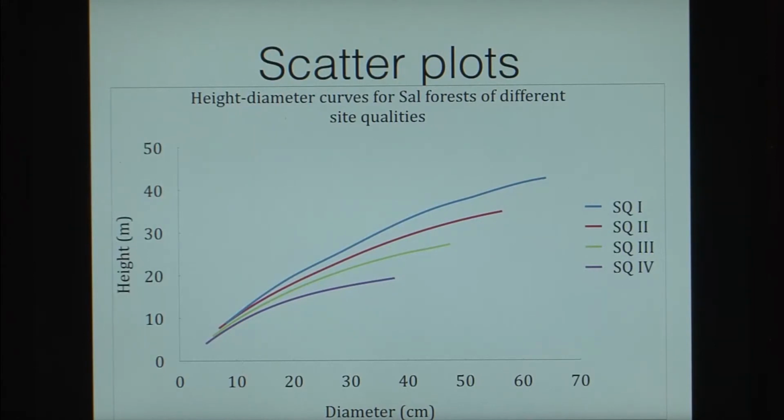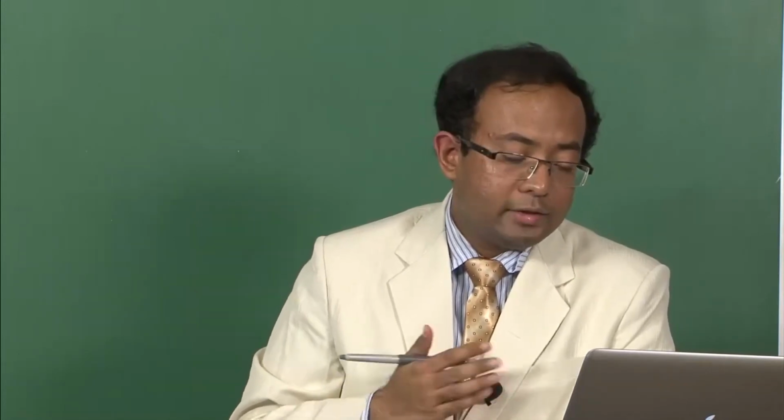Here we observe that as diameter increases, the height also increases, which tells us that both these variables are related to each other. And the common variable that governs both of these is the age. As the age of a tree increases, its diameter increases, at the same time its height also increases. So, if you plot diameter on the x axis and height on the y axis, you will see an increasing trend. So, both of these are related.